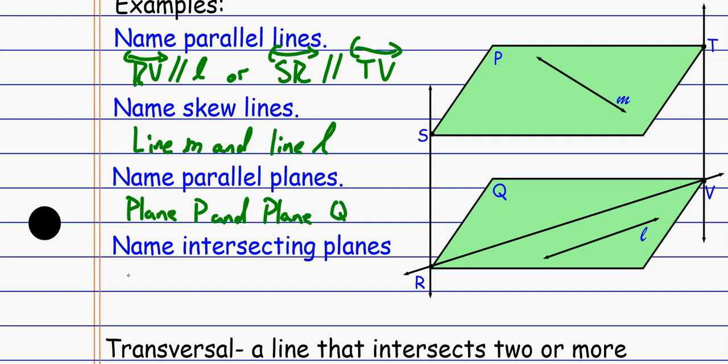So I could say plane Q would intersect with plane SRV. That was the plane I drew earlier, the one that runs vertically up and down. Again, that plane is not drawn, but it still exists, and it intersects with plane Q. It would also intersect with plane P as well.